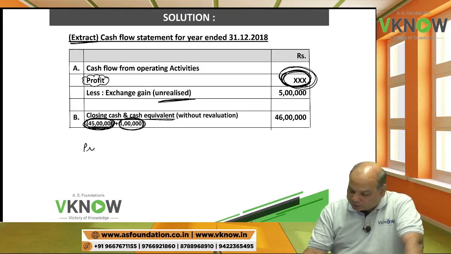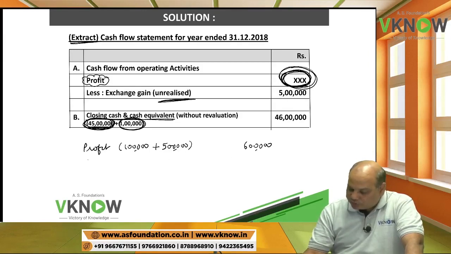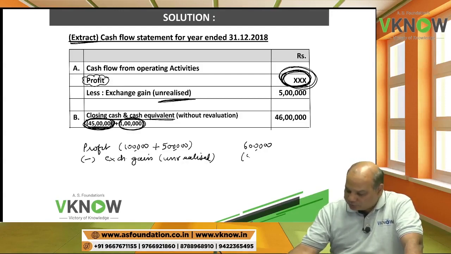Otherwise, you'll have to write like this: profit 1 lakh interest income, 5 lakh exchange difference, 6 lakh. Somebody wants to write like this: less exchange gain unrealized. If you want to write interest income also and profit also, 5 lakh.